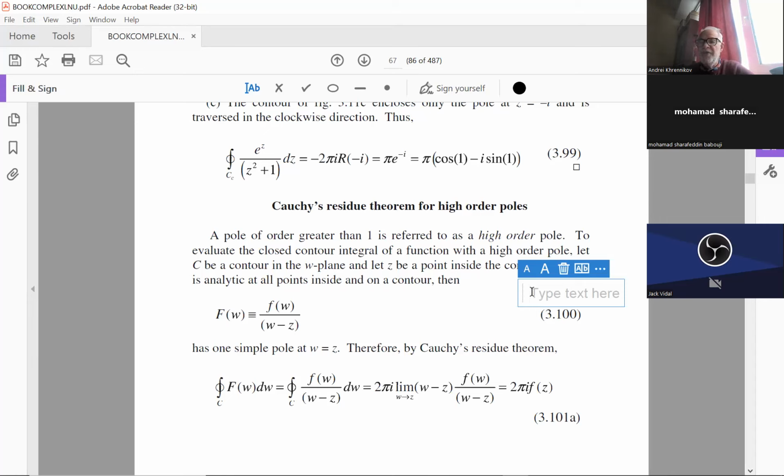Poles appear, for example, with the function 1 divided by x squared plus 1. Consider this integral, dx over the real line, divided by x squared plus 1. It is a good denominator in real numbers. But in complex numbers, this x squared plus 1 becomes z squared plus 1. It has singularities, so we can use this theorem.